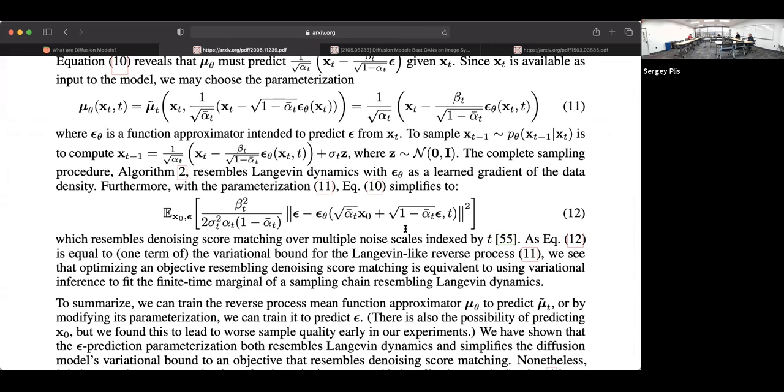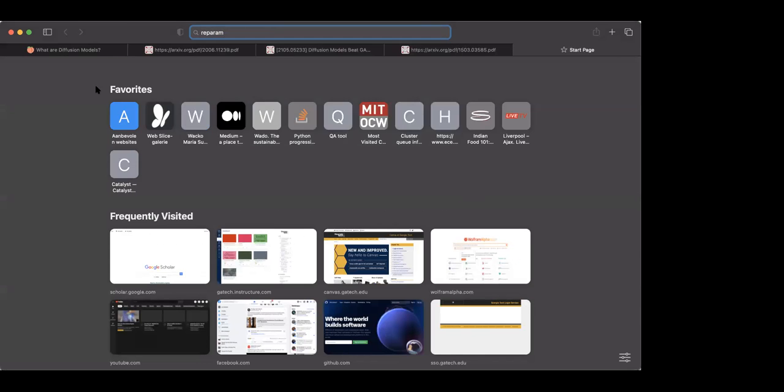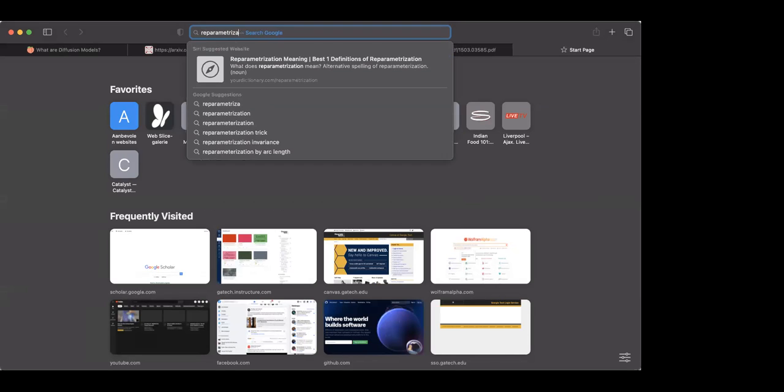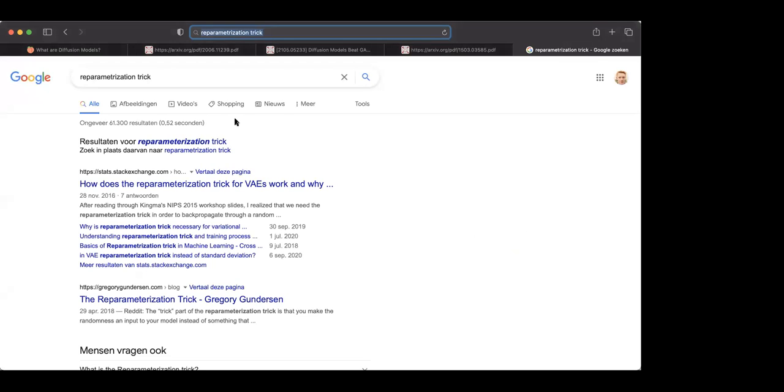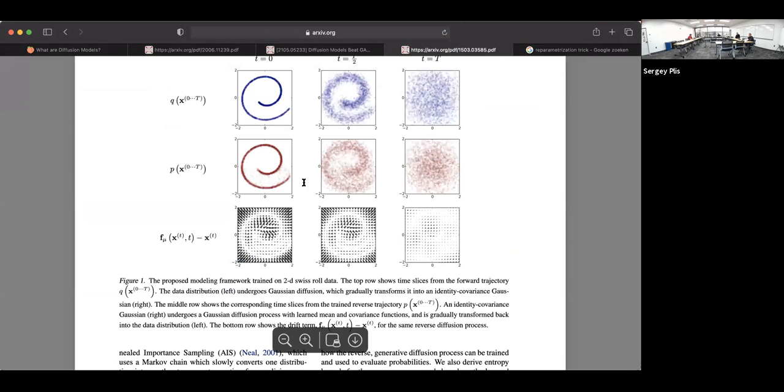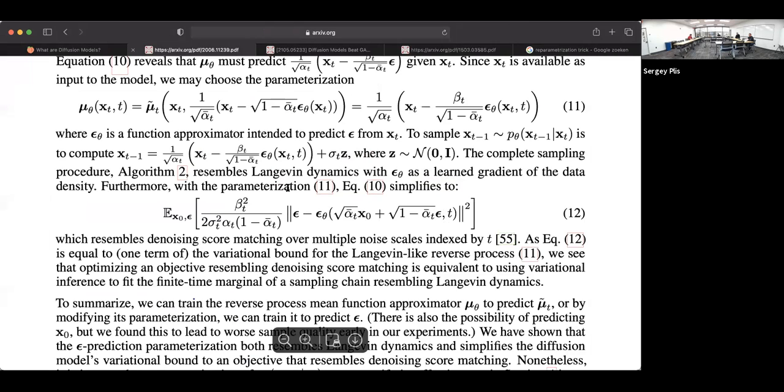Because what you can do, that's also used in a variational autoencoder, is, let's open the paper. Maybe a better way of saying it is that it's not x of t, it's the mean of x of t. No, you're right that it is the mean of x of t, but these terms together, this is x of t here.